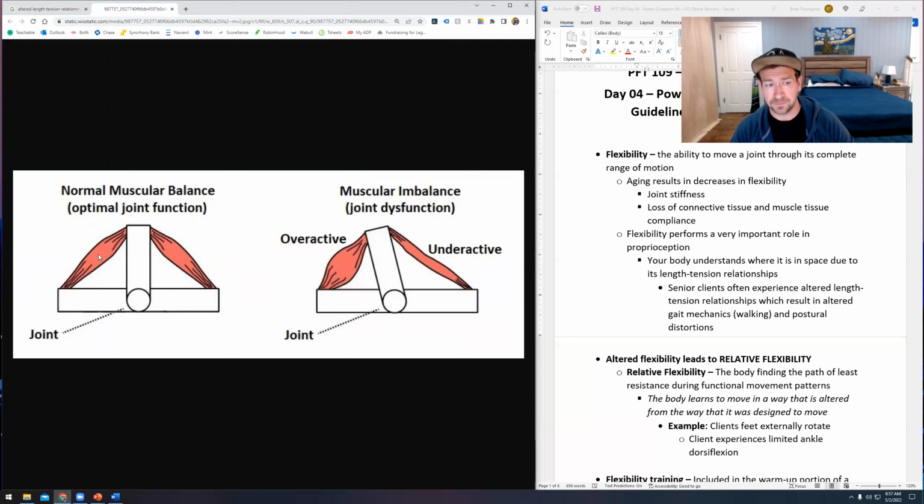So this muscle is like, no, I can't possibly stretch out any further anymore, right? So it stays at this shortened length here, right? Meanwhile, this muscle on the other side of the joint has to respond by being like, oh, well, I guess you can have some of my length, right? And so it sort of stretches out, right?